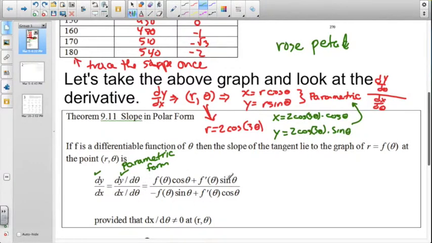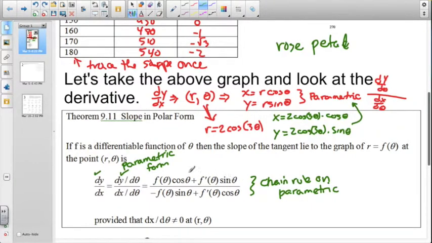And that's what this is all here. This is just doing the chain rule on the parametrics. And if you want to memorize that, you can. I'm not a big fan of memorizing, but if you notice, it's f cosine theta plus f prime sine theta.